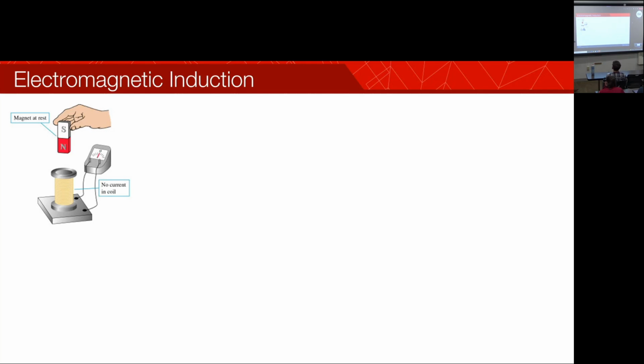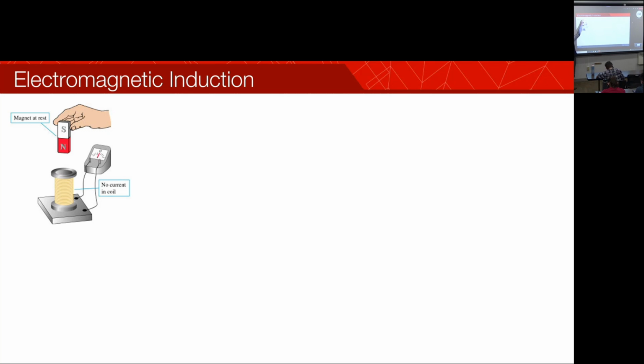The first one is we can just take a magnet and change the magnetic field. The amount of magnetic flux, remember, is the amount of magnetic field passing through an area. So let's say that the area is the circle of the core of this coil of wire.